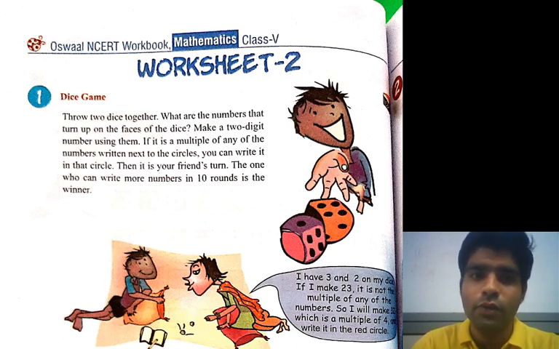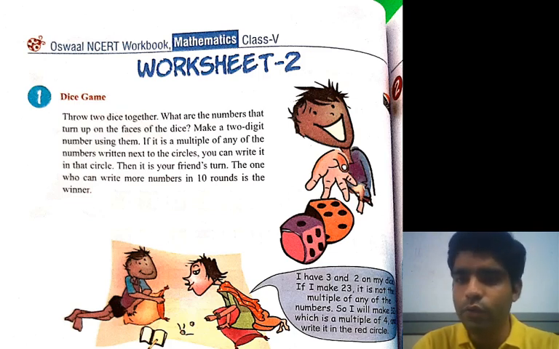First of all, throw two dice together. What are the numbers that turn up on the faces of the dice? Whatever the number, it is 1, 2, 3, 4, 5, 6, whatever. Make a two-digit number using them.